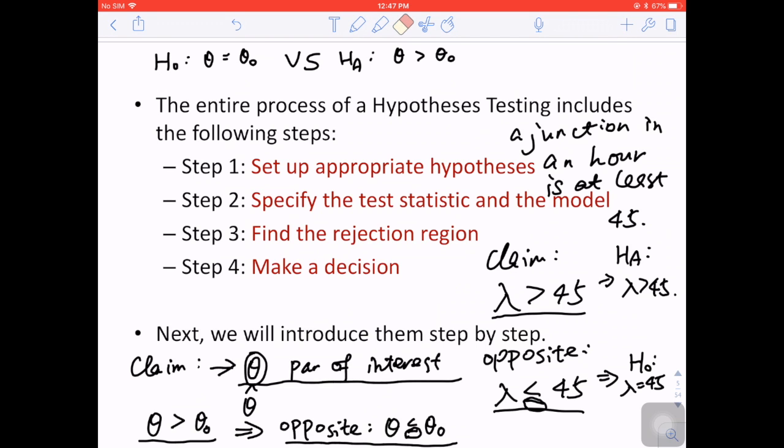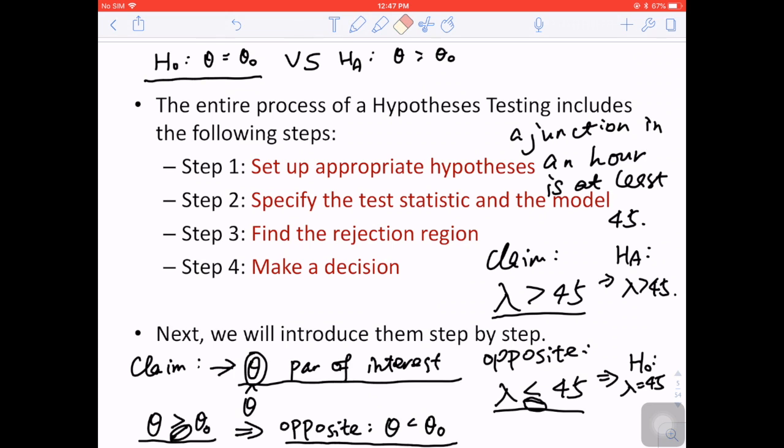On the contrary, if your original claim is, say, theta is larger or equal to theta 0, then the opposite side of your claim is theta is smaller than theta 0. Okay? And I will find where the equality is as my null hypothesis, which means the opposite side of the null hypothesis is my alternative hypothesis.